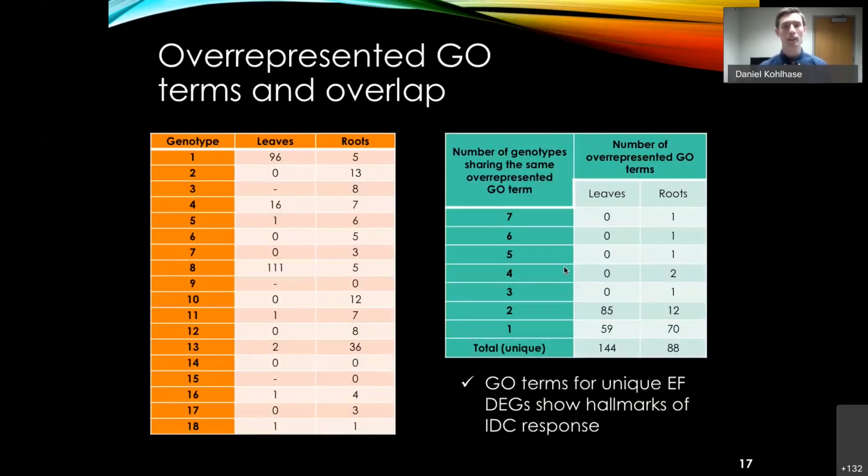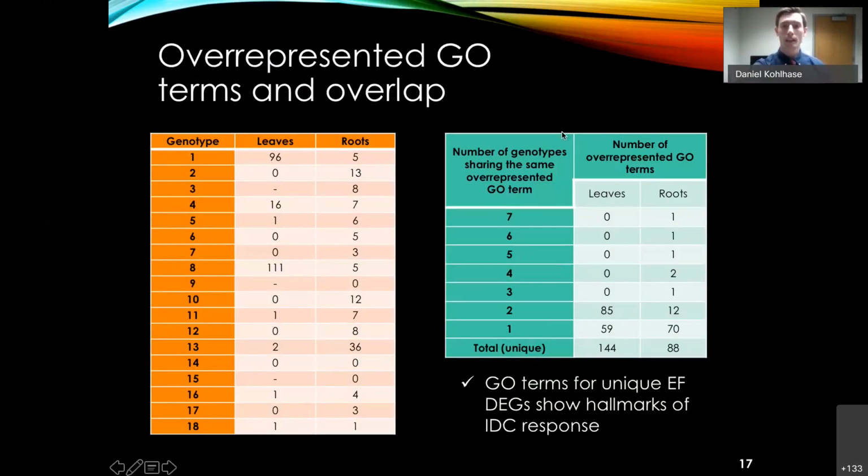So in RNA-seq studies, we use gene ontology or GO terms to really pull biological meaning out of our questions. And so what we did is we used our gene lists of differentially expressed genes, and then we looked for overrepresented GO terms relative to the entire genome. On the left, you can see the distribution of overrepresented GO terms for a particular genotype in a given tissue type.